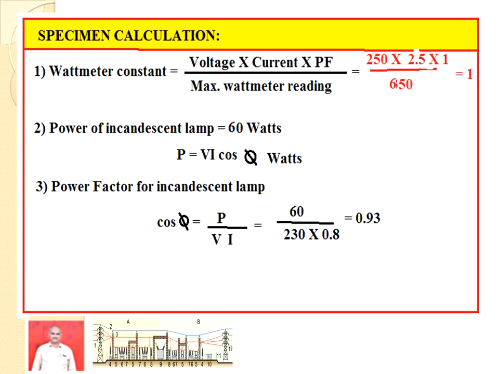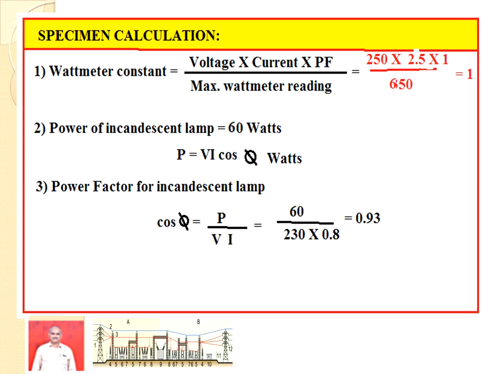Voltage means the voltage range of the wattmeter. Current means the current range of the wattmeter. Power factor, whether it is unity power factor or low power factor. Maximum wattmeter reading. All these details depend on the type of wattmeter. For example, voltage I am using 250, current I am using 2.5, power factor unity, maximum wattmeter reading is 650.